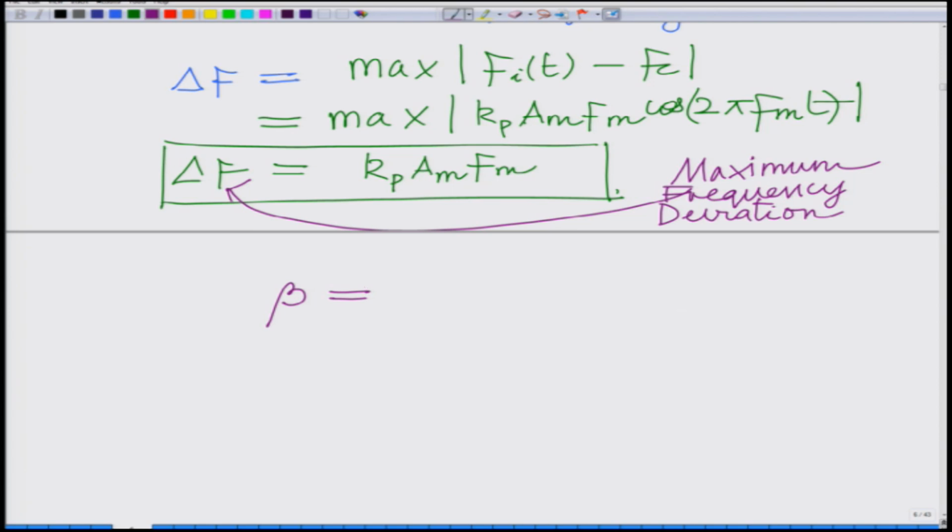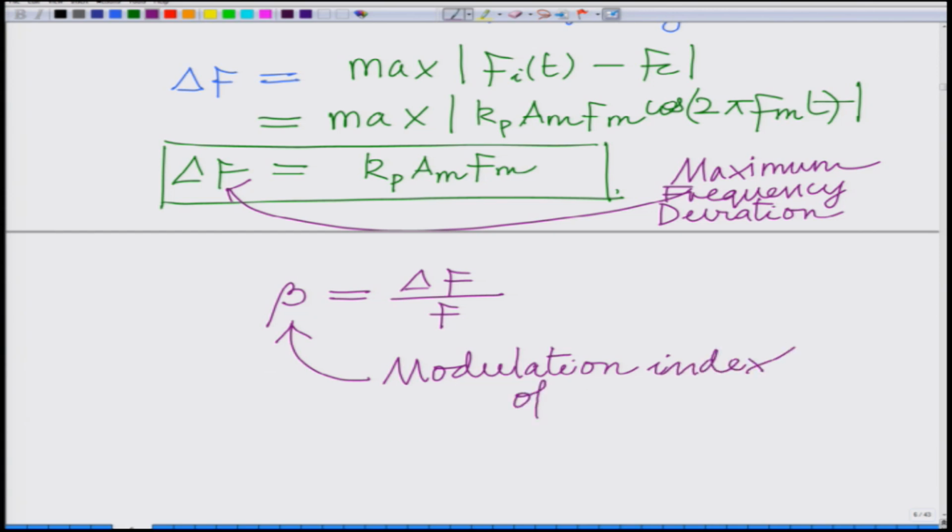This is the maximum frequency deviation equals k p a m times f m, which implies that beta can be expressed as delta f by f m. Remember, beta is the modulation index of FM, which is equal to k p a m f m divided by f m, which is equal to k p times a m.